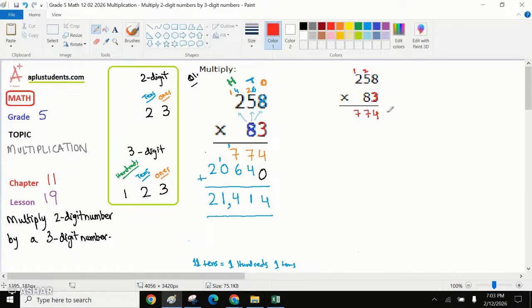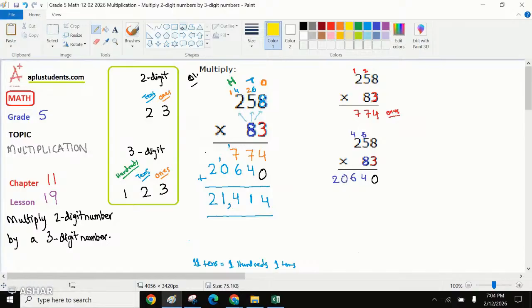This is the multiplication for the ones of a 2-digit number. Then we do the multiplication for the tens part. When we are doing tens, we have to put a 0. 8 multiplied by 8 was 64. We carry the 6. 8 times 5 is 40 plus 6, 46. 8 times 2 is 16 plus 4 is 20.